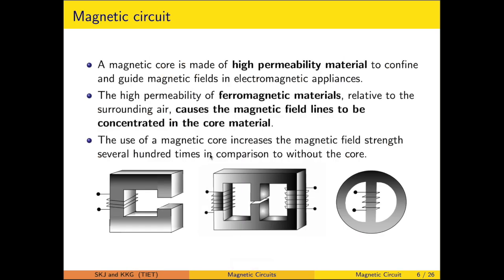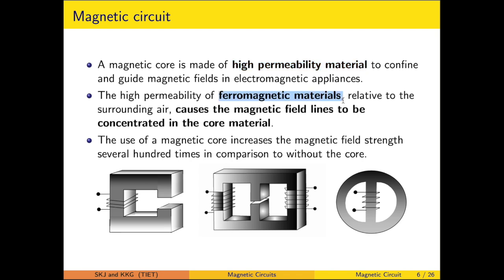Now these are the sum of the structure which we will be using in this course. These are the magnetic cores which are made of high magnetic permeability material. This high magnetic permeability material is important, and that is coming out to be the ferromagnetic material.